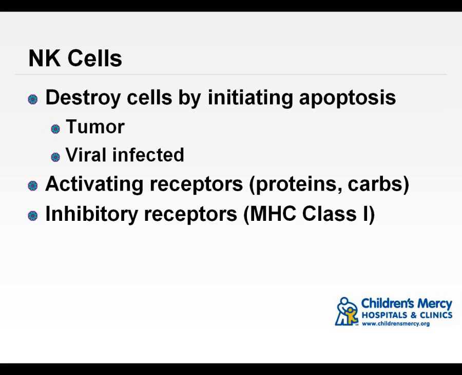Depending on which set of receptors is more powerful at that moment, whichever has more expressed, the NK cell is going to decide to either ignore that cell or to go ahead and initiate apoptosis, or kill it. I found this to be a very tedious part of learning immunology, something to look forward to down the line, getting a sense of which are activating receptors and which are inhibitory receptors.